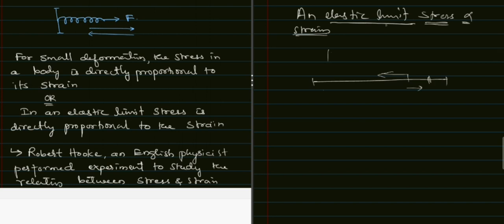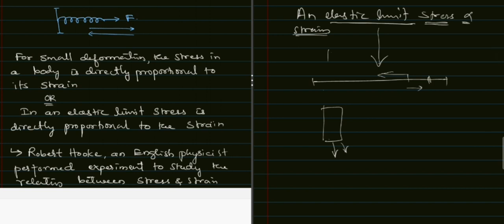So that is nothing but the elastic limit. What is it called? It is the maximum value of the stress, or load per unit area. See here, this is a rod. It is the maximum stress applied on that area up to which the material regains its original state.